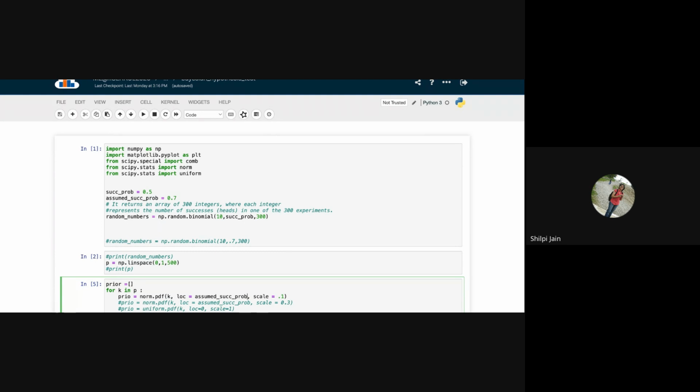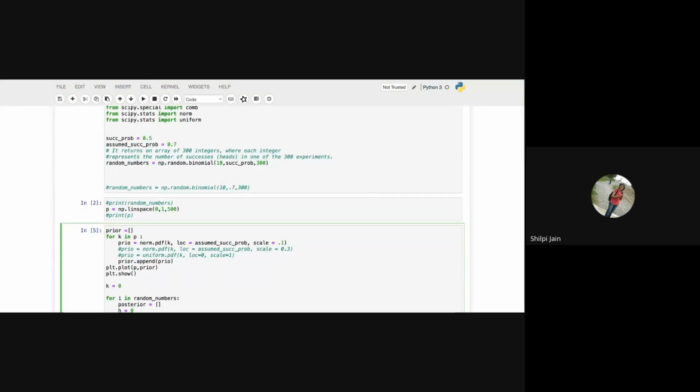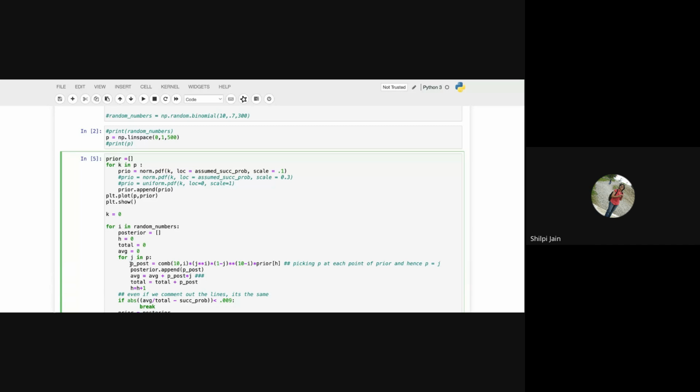In order to tackle this question, you have to do many such experiments of coin tosses. In each experiment, you will use Bayes' theorem. You will first start with your belief.